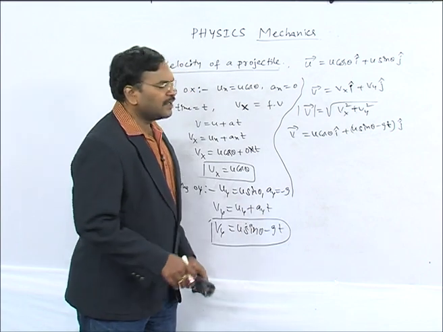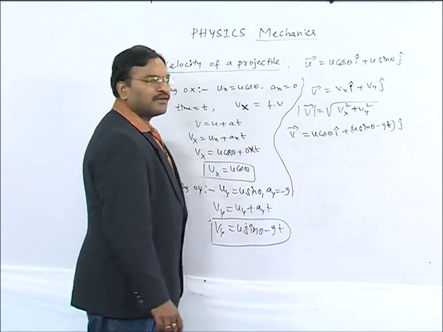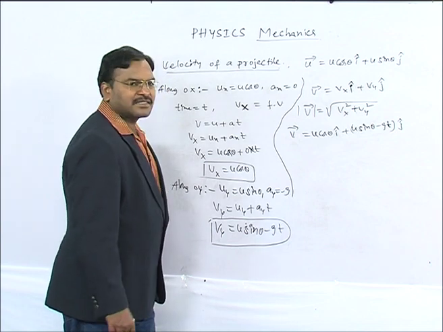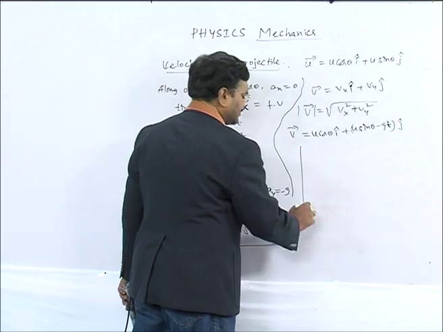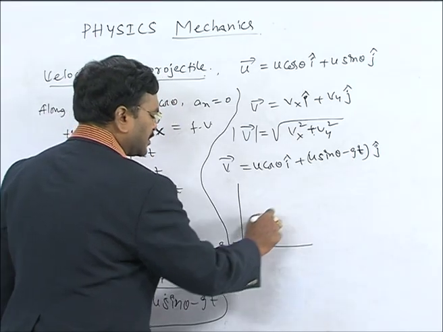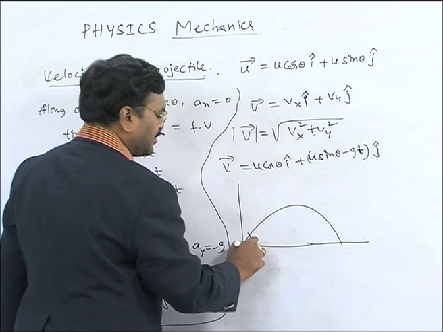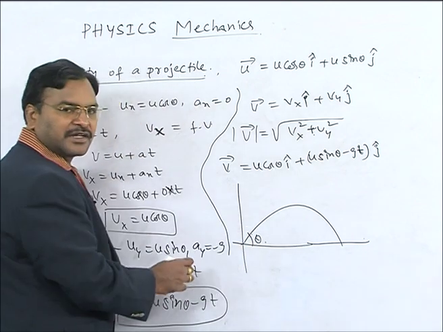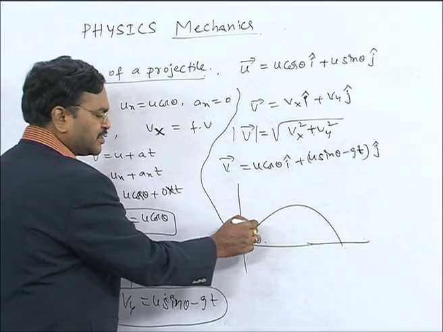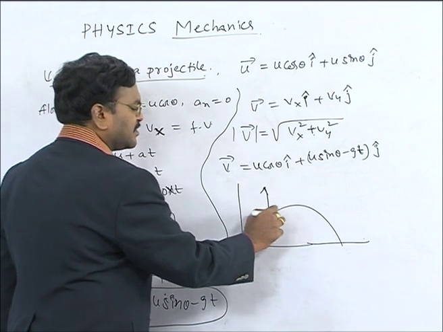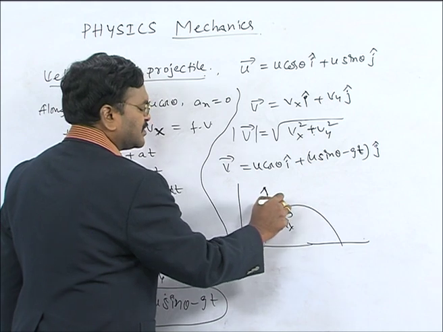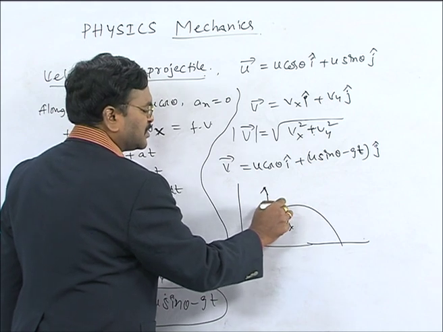Now velocity vector is u cos theta i cap plus u sin theta minus gt j cap. What is the direction of the velocity vector after time t seconds? Initially, if a body is projected like this, the angle of projection is theta. After time t seconds, this is Vx, this is V, let the angle be alpha.